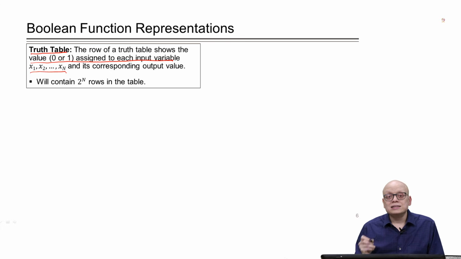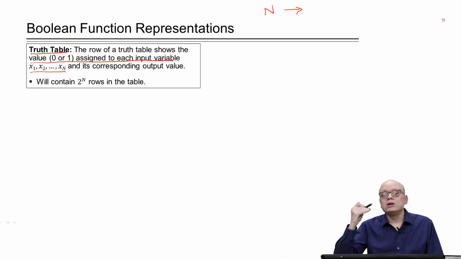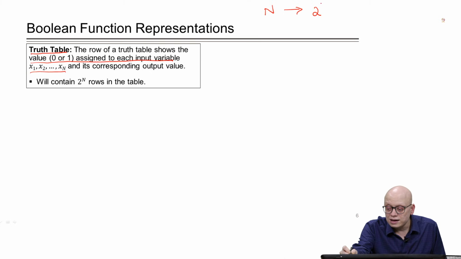And since there are n Boolean variables in a function and each can take a value 0 or 1, the number of possible combinations of input variables is 2 to the power n, and therefore the number of rows in a truth table will always be 2 to the power n.